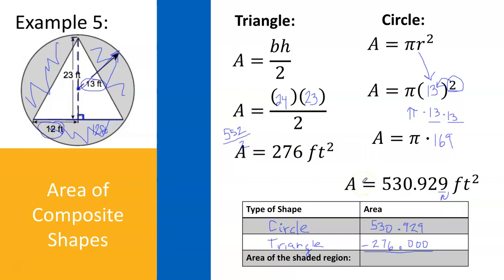So it's 530.929 minus 276, and we get an area of 254.929, which I'm going to round to the nearest tenth, just like I'm asking you to do in the Go formative. So the area of just the shaded region is 254.9 square feet.